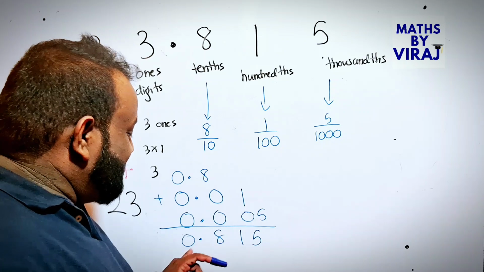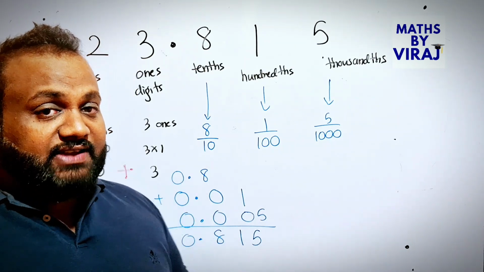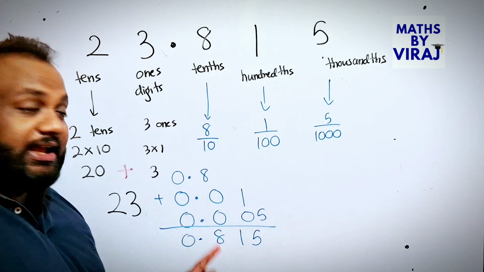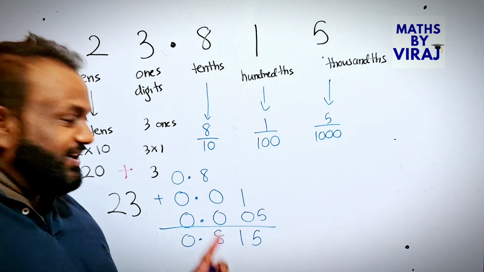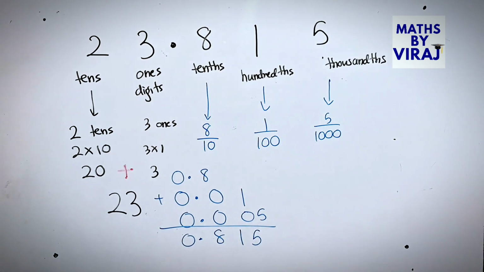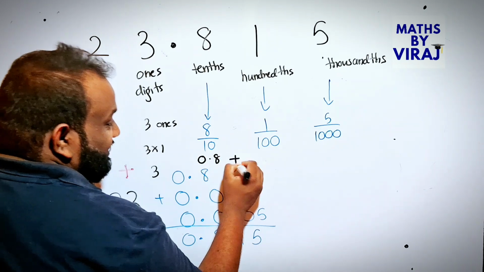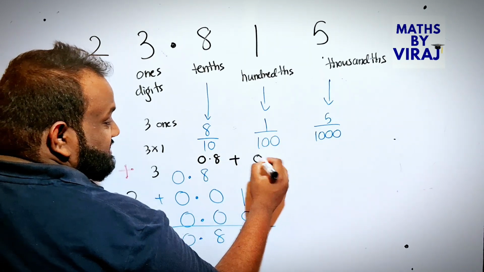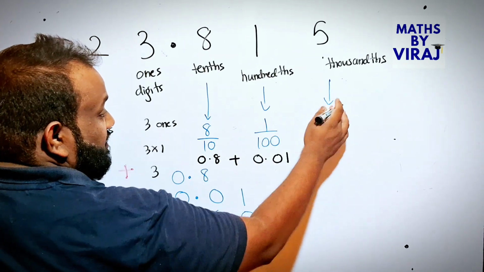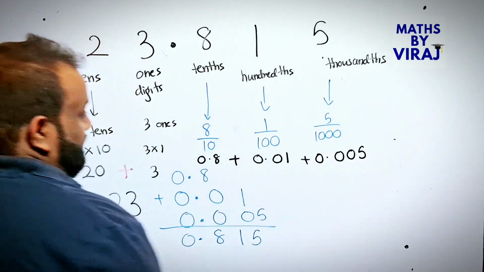When you have 0.815, what were the decimals that we added? 0.8, 0.01, 0.005. So we can come to a conclusion that 8 upon 10 is 0.8, 1 over 100 is 0.01, 5 over 1000 is 0.005.